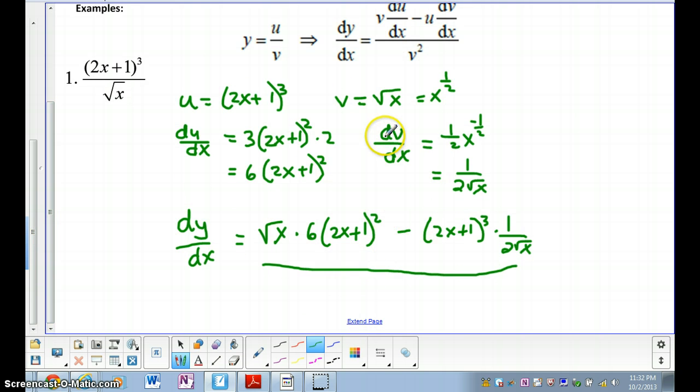So our v squared is our square root of x squared.